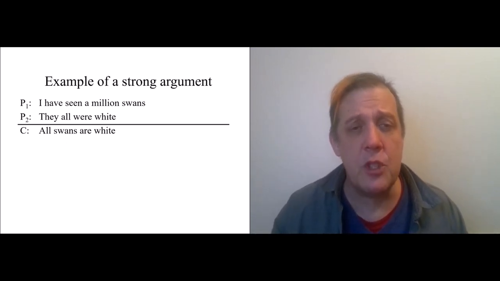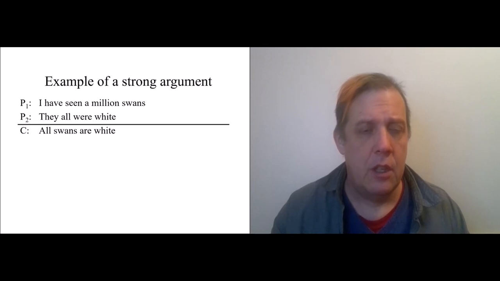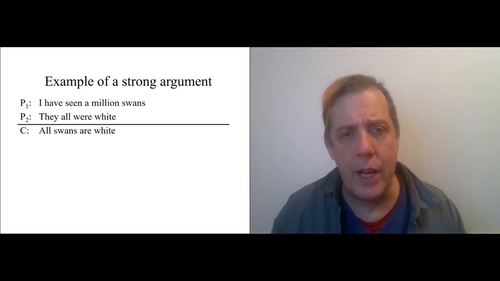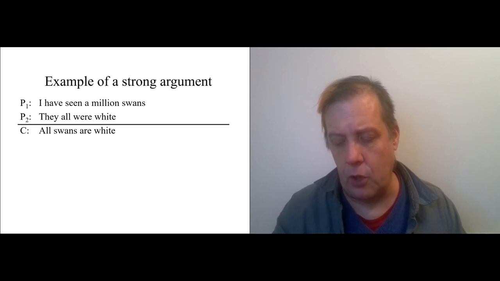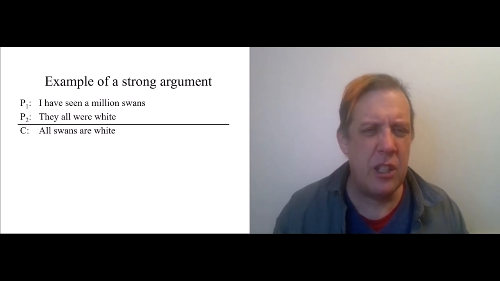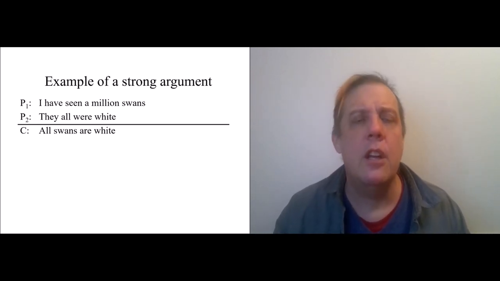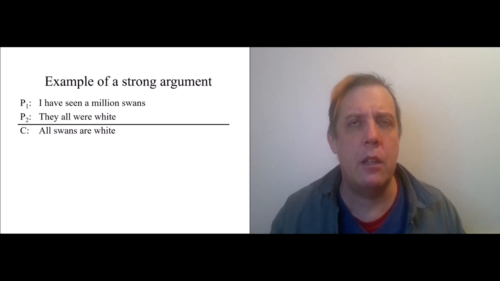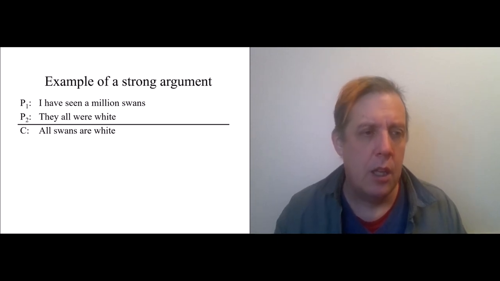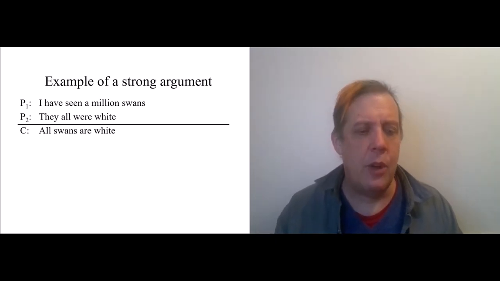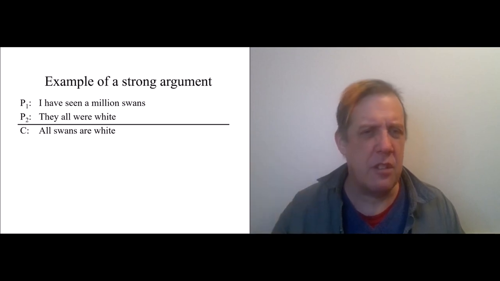Here's an example of a strong argument. I have seen 1,000,000 swans. They all are white. Therefore, all swans are white. This has been an example of an induction for the longest time because in Europe, all the swans are white. And so when a European, a Dutch guy, I think, finally got to Australia and saw a black swan, you had hundreds of years of this generalization.